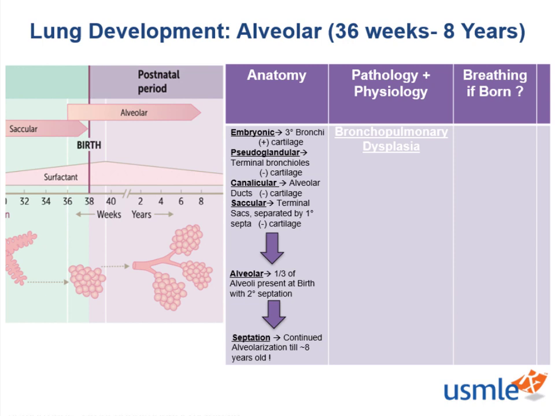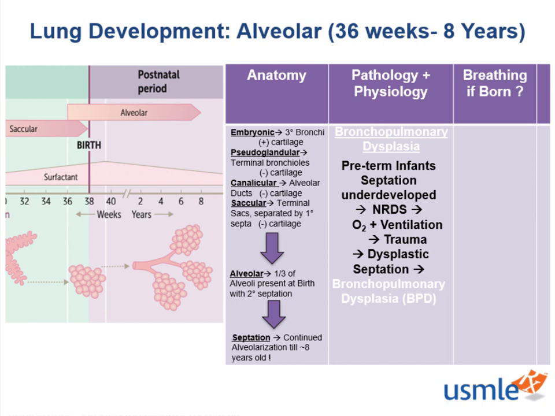Bronchopulmonary dysplasia, listed in the middle column here, occurs due to a sequence of events. For example, a preterm infant's septation is underdeveloped, so they may develop NRDS, neonatal respiratory distress syndrome, as their lungs cannot efficiently perform gas exchange. To sustain their life, they would be treated with oxygen and mechanical ventilation.